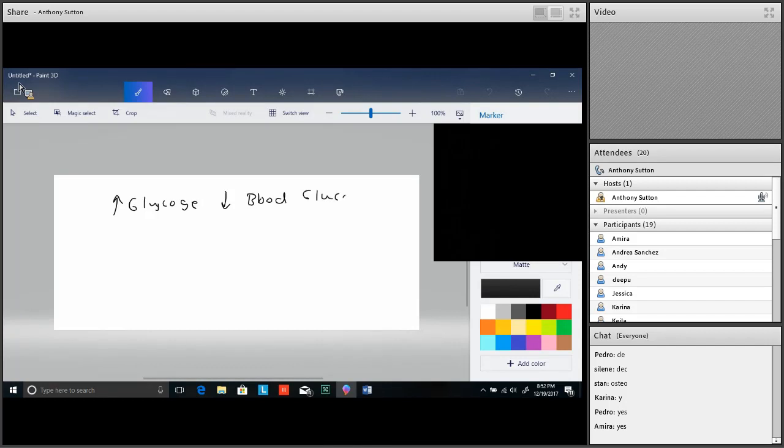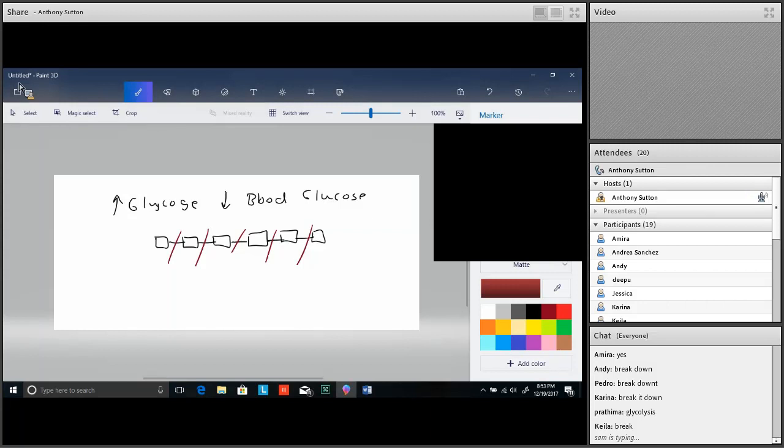But if we decrease blood glucose, we might need some blood glucose, right? So in order to get the blood glucose, what do we need to do to the glycogen? Break it down. Good, Andy. Perfect. Exactly. So that means that we need to break these bonds between the glycogen, right?